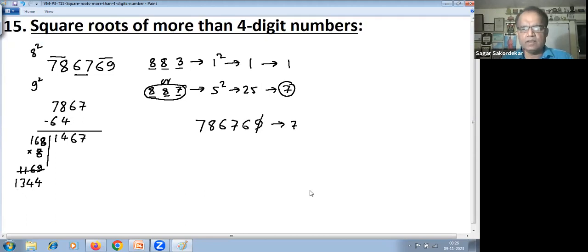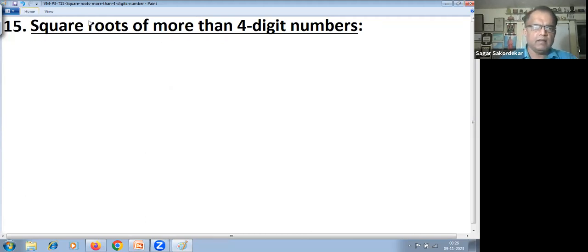Let's try the next example. 103041, dash dash dash, or dash dash dash, a 3-digit answer. Make groups: last rightmost group, middle, and first.